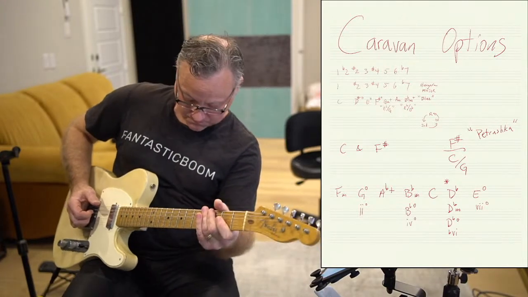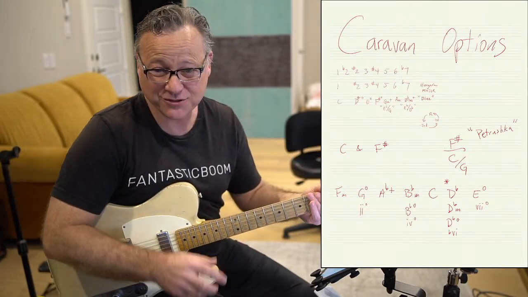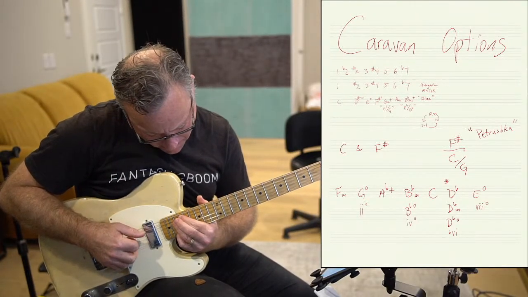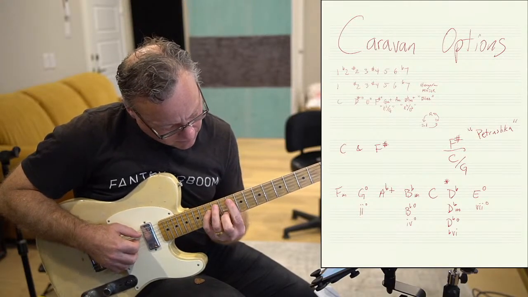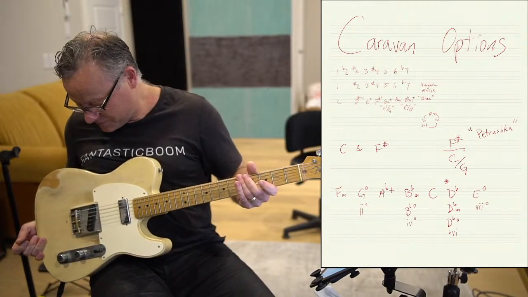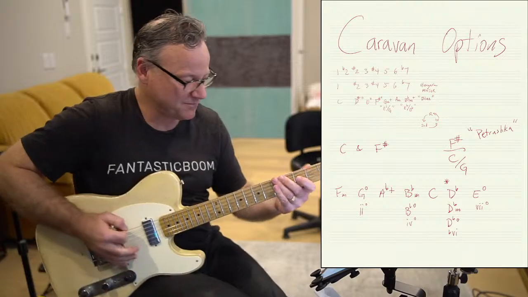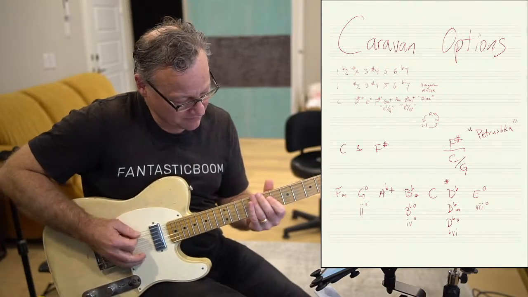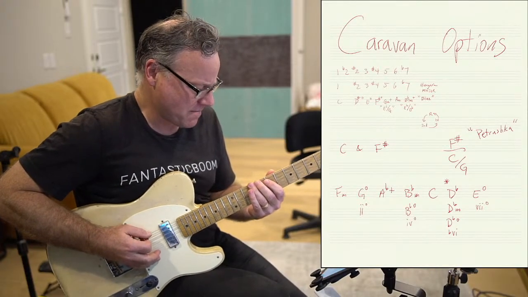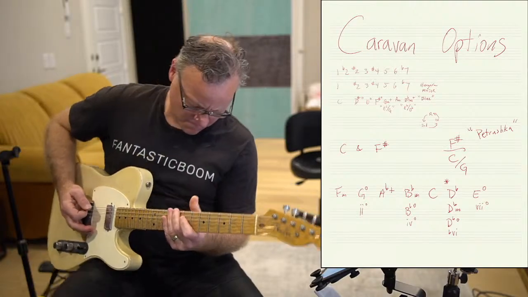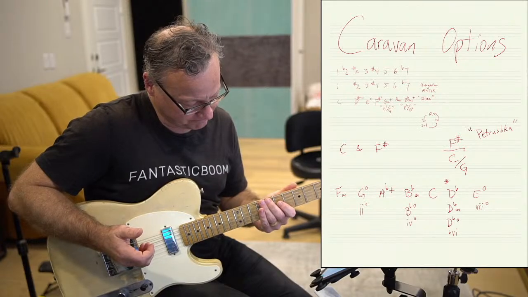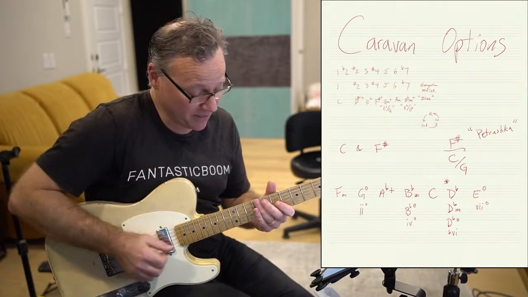Okay. I'm going to try and do some inversions as the accompaniment. Maybe I'll do like a C in the bass. So I'll do the melody with just C and F sharp.